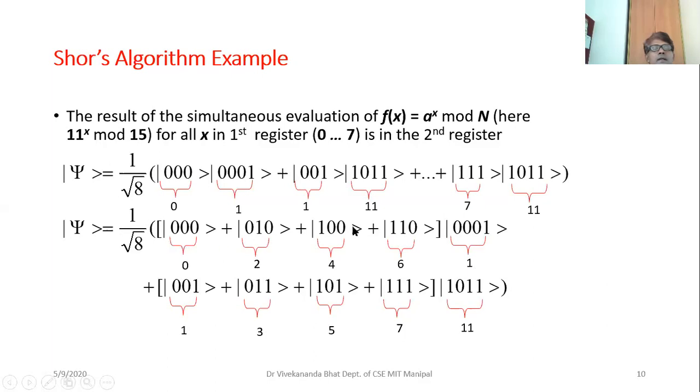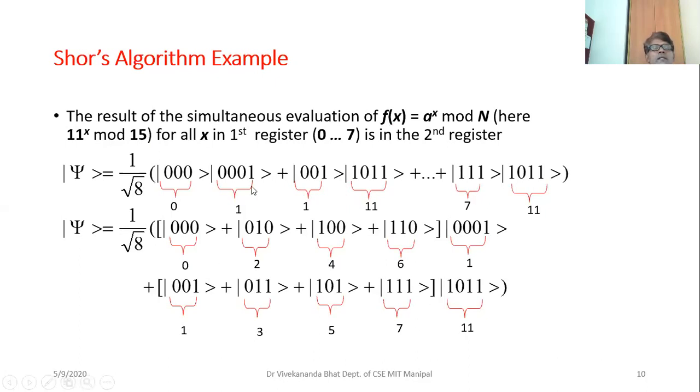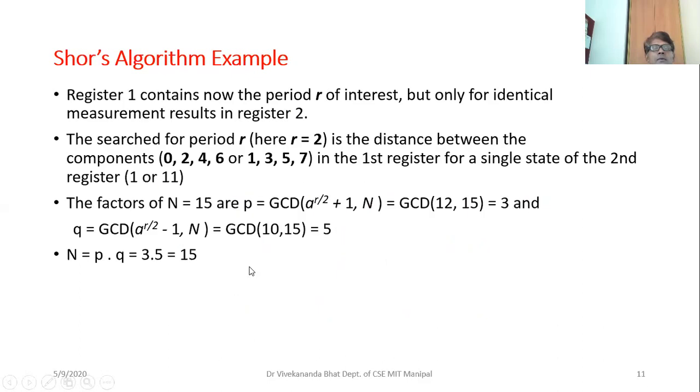So for all these 3 qubit values, we'll get the same 4 qubit value, and that is 1. And for all these, we'll get the same 4 qubit value, that is 11. So once you do that, the difference between these components will be taken as the period. In this case, it is 2.